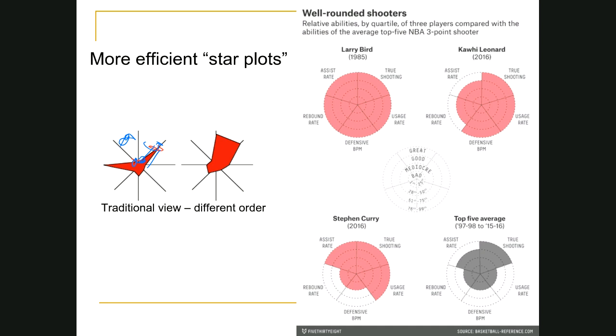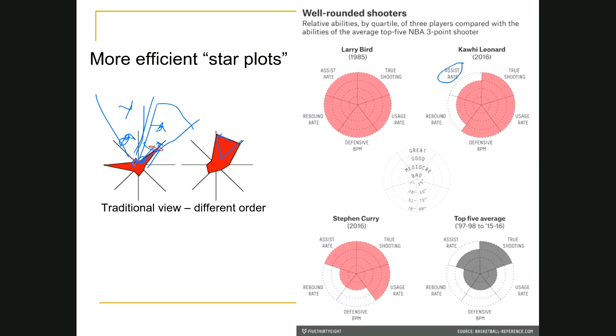So the axis, instead of being just one single line, think of the axis as being this whole wedge. I'm taking it and expanding it, and the line is really just a separation between the axes. So this can be the x-axis, it can be the y-axis, and so forth. Instead, I'm going to cover the entire wedge for just one point. And here's a representation, I think from NBA shooters. Again, you can see the axis is assists.